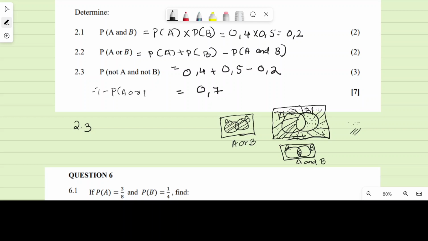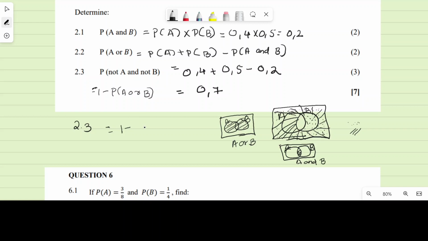Everything except A or B. That is the meaning of 1 minus. 1 minus P(A or B) means you are subtracting the probability of A or B from 1, because always the total probability of everything in the sample space is 1. 1 is the maximum probability. So 1 minus P(A or B) means everything except A or B.